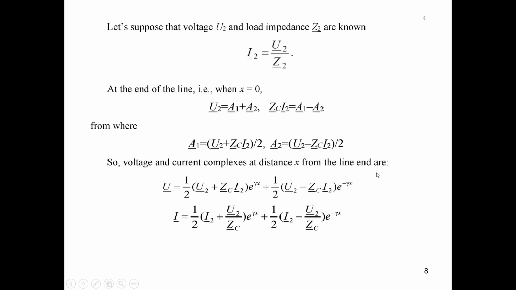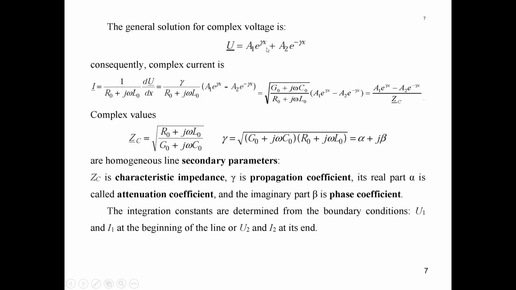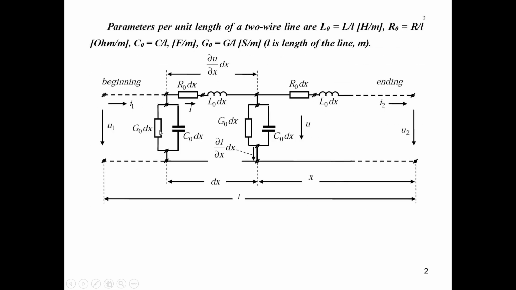To determine the integration constants, we should assign either voltage drops and currents at the beginning of the line, U1 and I1, or voltage drops and currents at the end of the line, U2 and I2.